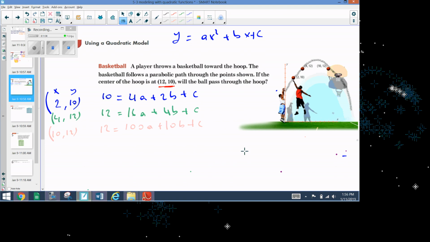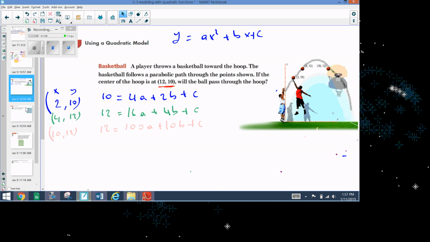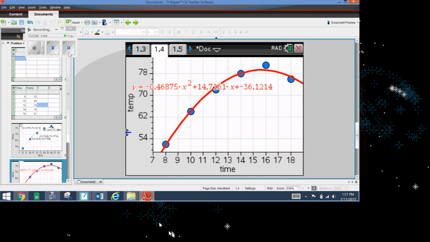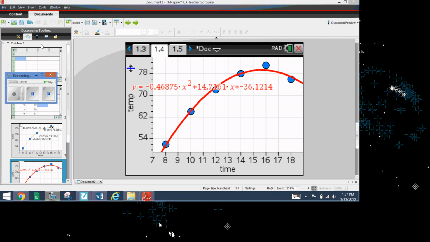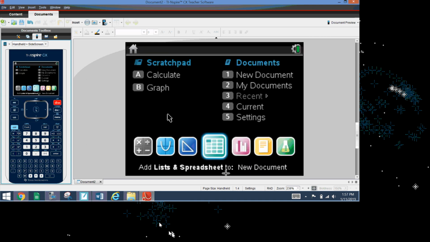There you go. I'm not going to solve it, because we do have calculators, right? So remember the purpose of the warm-up? You get that, you just keep that, you know how to do it. And I'm going to type these for you. Let's open up a new calculator from here.